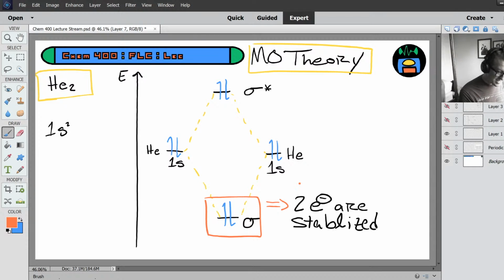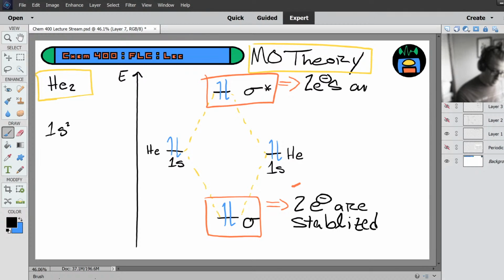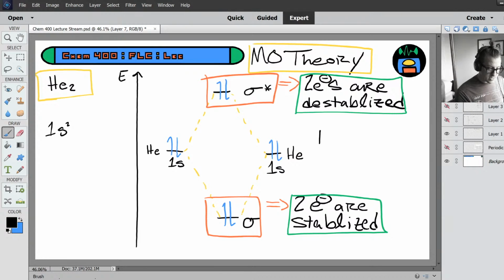At the same time, because we put 2 electrons in our antibonding orbital, 2 of our electrons are also destabilized. Because we have 2 electrons stabilized and 2 electrons destabilized at the same time, that means that there is nothing holding these atoms together.